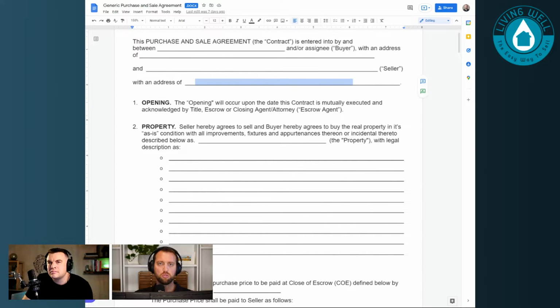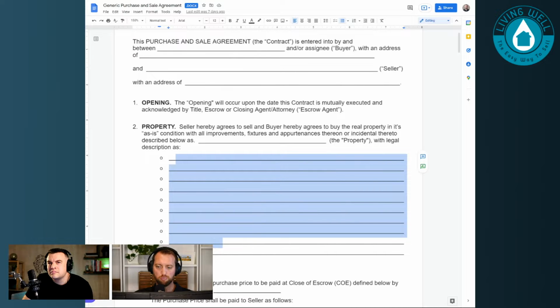Now, it's absolutely critical that there is the legal description. It's going to go here, or there's going to be an addendum or something like that. The investor or cash buyer, they're responsible. If they don't know where to put that, or if they just put like an APN number, that's not good. This should have something by metes and bounds or some other kind of system.